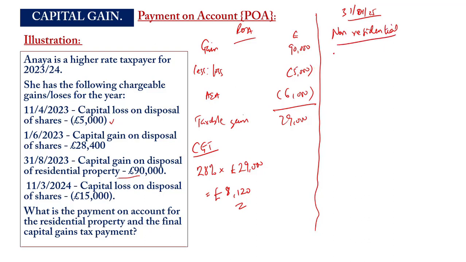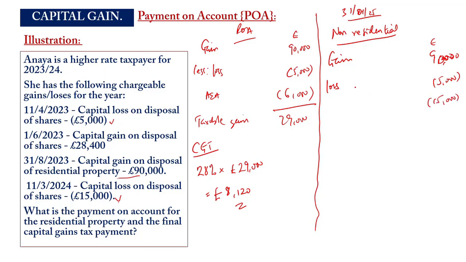We had a gain of, sorry, £90,000. Now there was a loss brought forward on the shares, which is 5,000. We less it. There's also another loss on disposal of the shares. It's also important that we less it so that we reduce the liability.